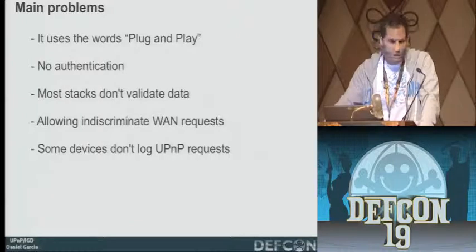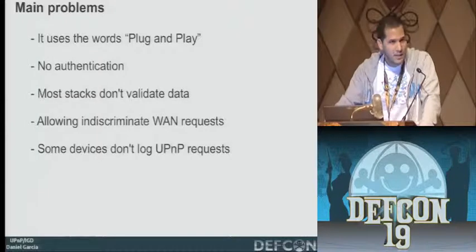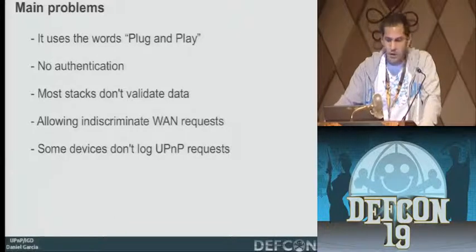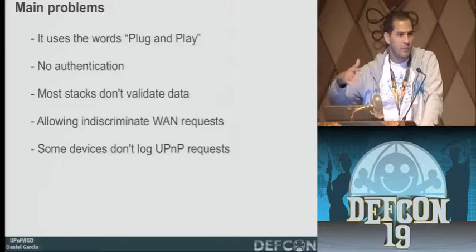After that, the other problem is that most stacks do not validate data. What we mean by this is that, first of all, UPnP was designed for LAN use only, and that's not true, unfortunately. Not only that, port mappings were designed to work for internal hosts that wanted to traverse the net and add port mappings.